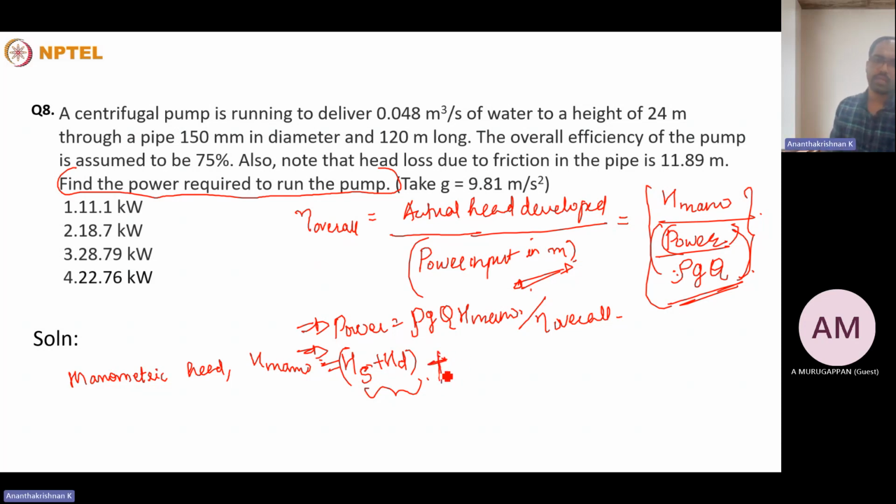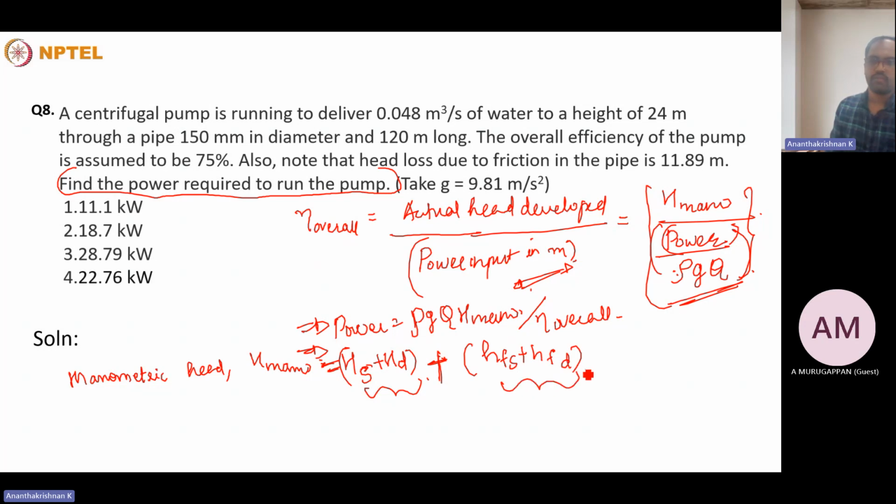The second factor is the frictional head losses, in the suction side as well as in the delivery side.